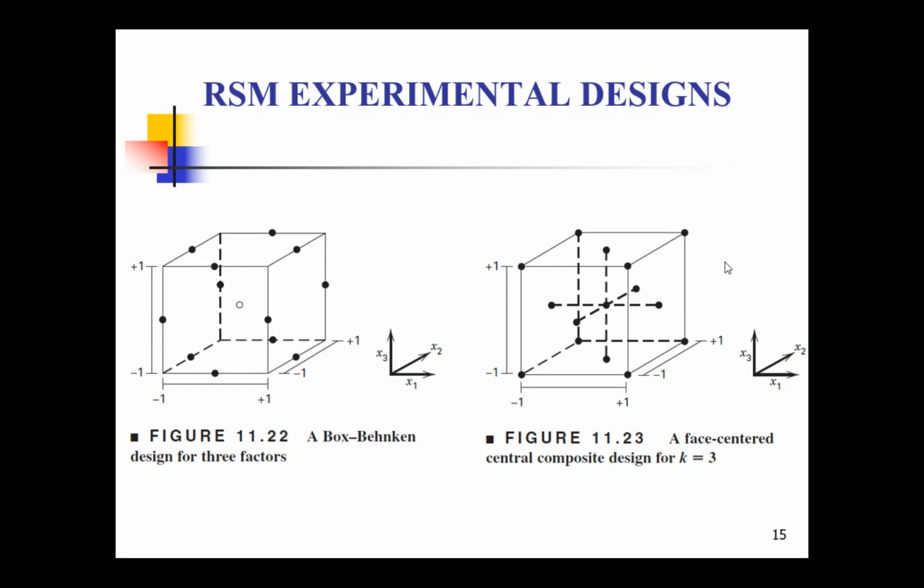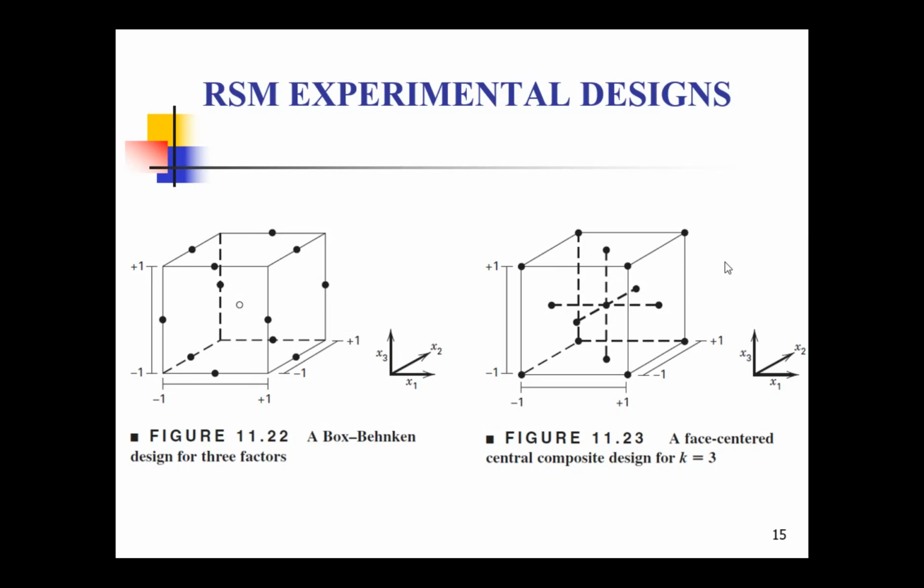But in contrast, a face-centered composite design, the central composite design, we call it CCD, central composite design. We can have the edges, then we have the center point for each and every surface: the front surface, top surface, side surface, bottom surface. We have the center point.